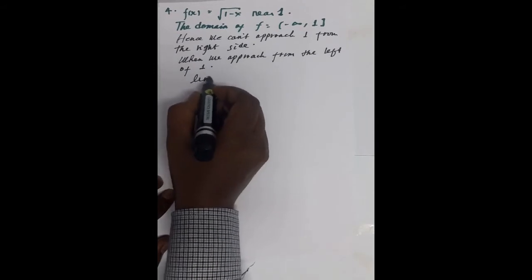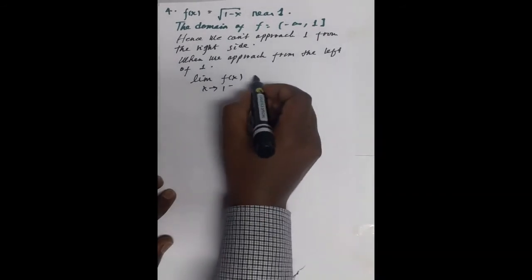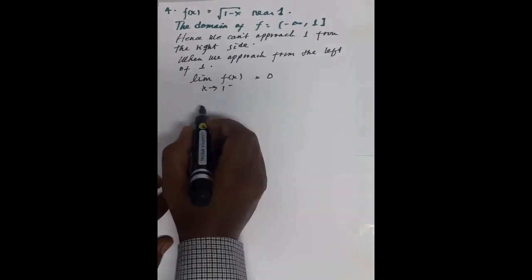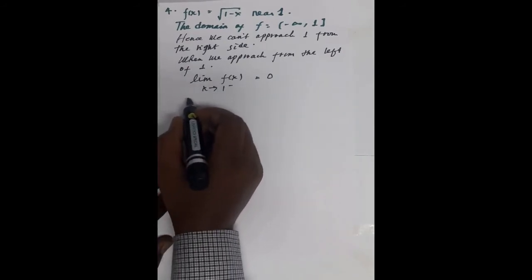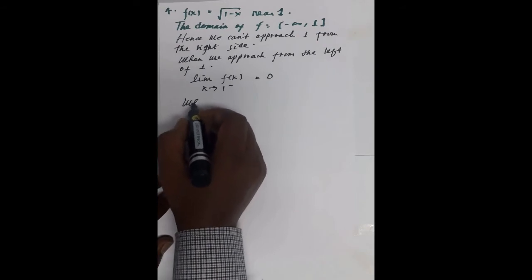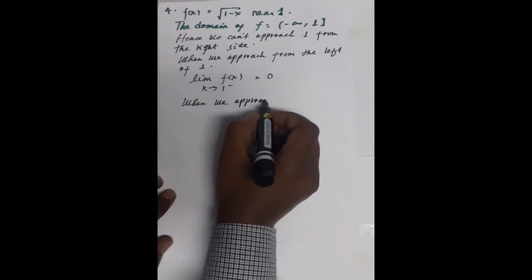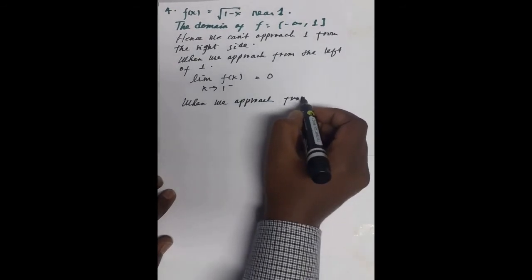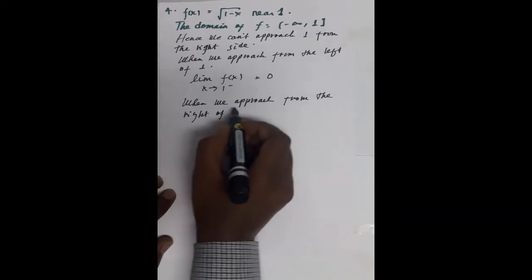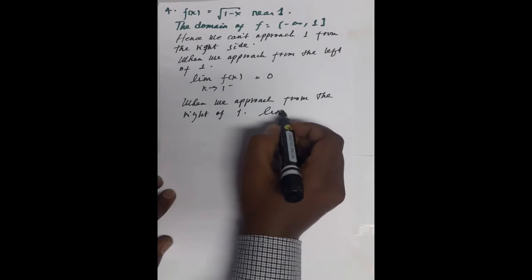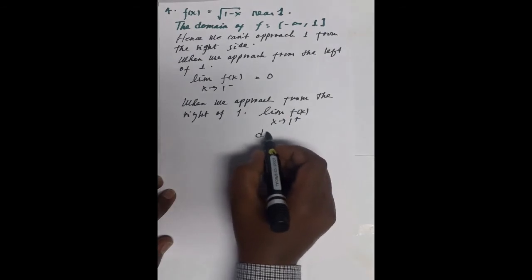the limit of the function from the left approaches 0. But we see that when we approach from the right of 1, the limit of the function doesn't exist.